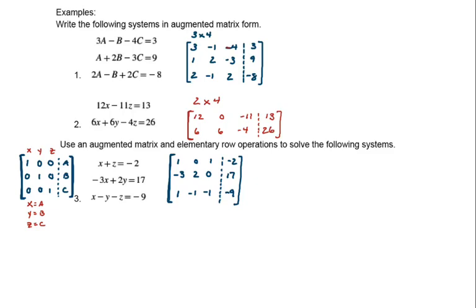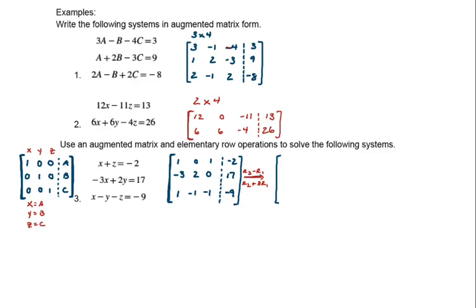So again, I'm looking at this matrix. I'm trying to start getting other coefficients to be 0 so that I can find solutions. So the first thing I would do, and this is kind of how I'm going to write it, I'm going to draw a little arrow, and what that arrow is going to represent is essentially I'm going to take this matrix and I'm going to perform some operation on it, and then I would get a new matrix.